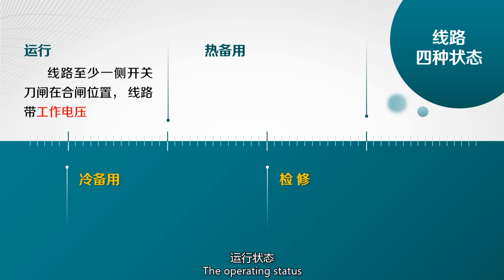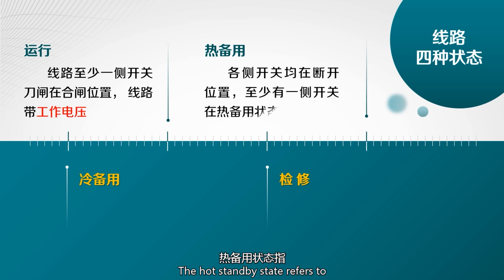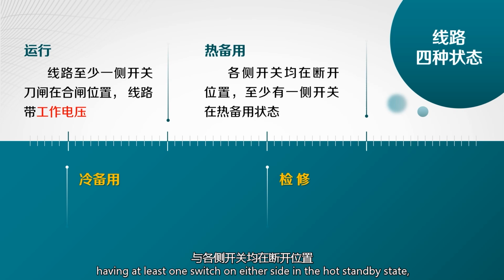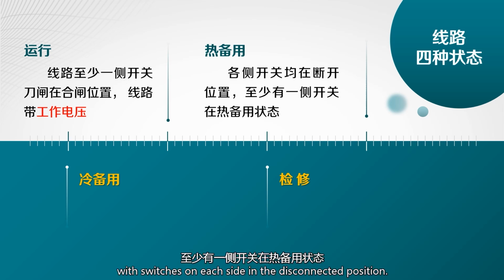The operating state refers to at least one side of the line breaker being in the closed position and the line carrying operating voltage. The hot standby state refers to having at least one switch on either side in the hot standby state, with switches on each side in the disconnected position.